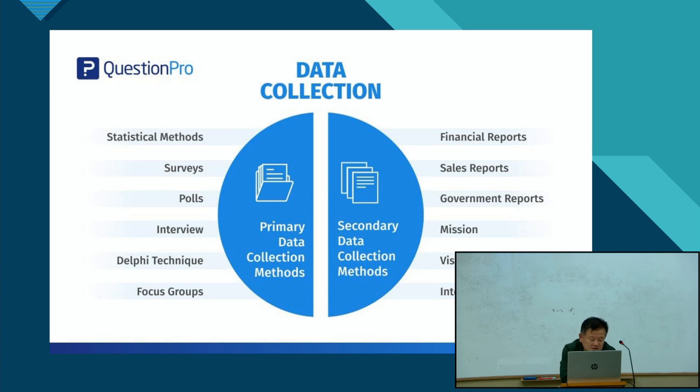Also interviews, the Delphi method, focus groups, and observation. On the other hand, secondary data collection methods include financial reports, sales reports, government reports, mission and vision statements, the internet, etc. So a little bit different.